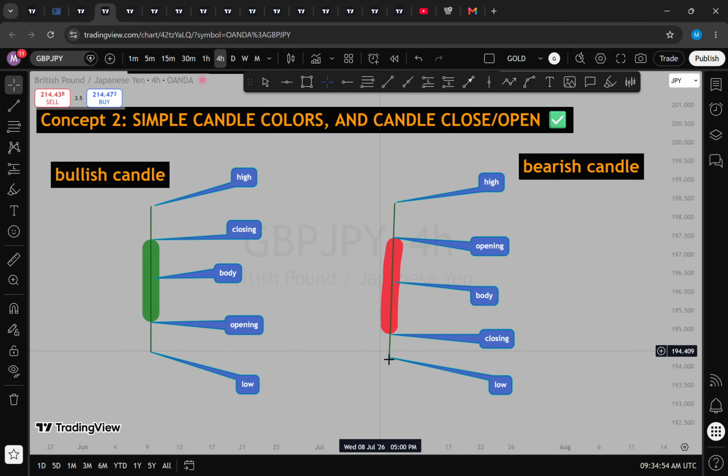So this is just a simple analogy about candles. All you just have to know is that the bullish candle opens at the bottom and closes at the top, but the bearish opens at the top and closes at the bottom. So let's go to the real chart now and see how it goes.